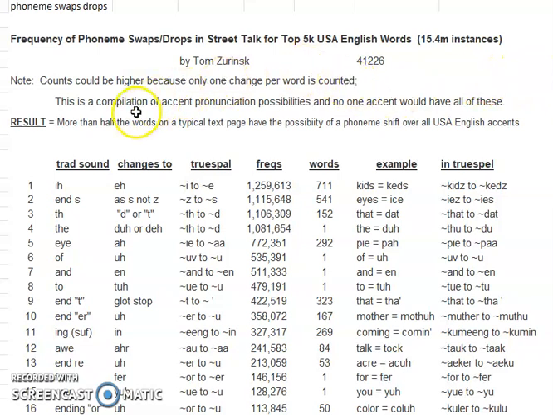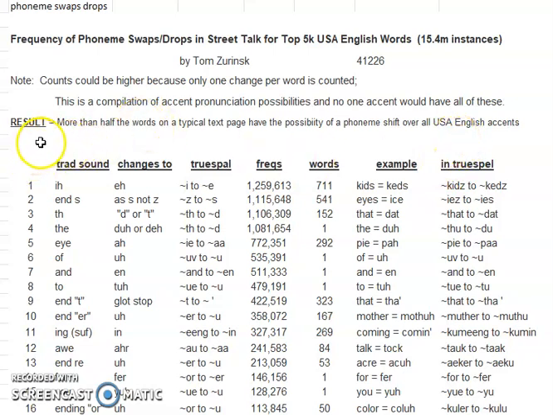Note that these counts could be higher because I've only looked at one instance per word. There could be multiple. You could think of it as a compilation of pronunciation accent possibilities, while no one accent would have all of these changes.